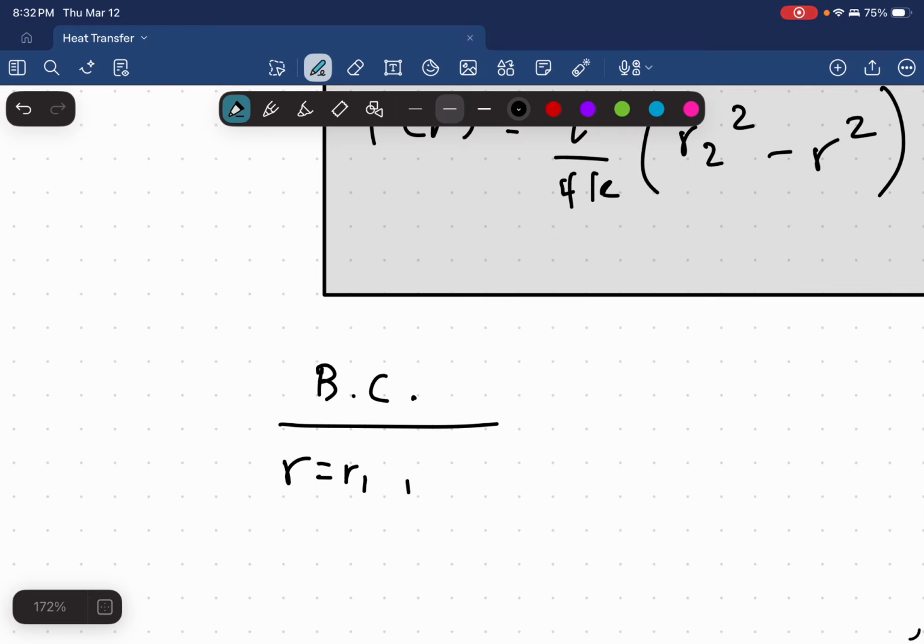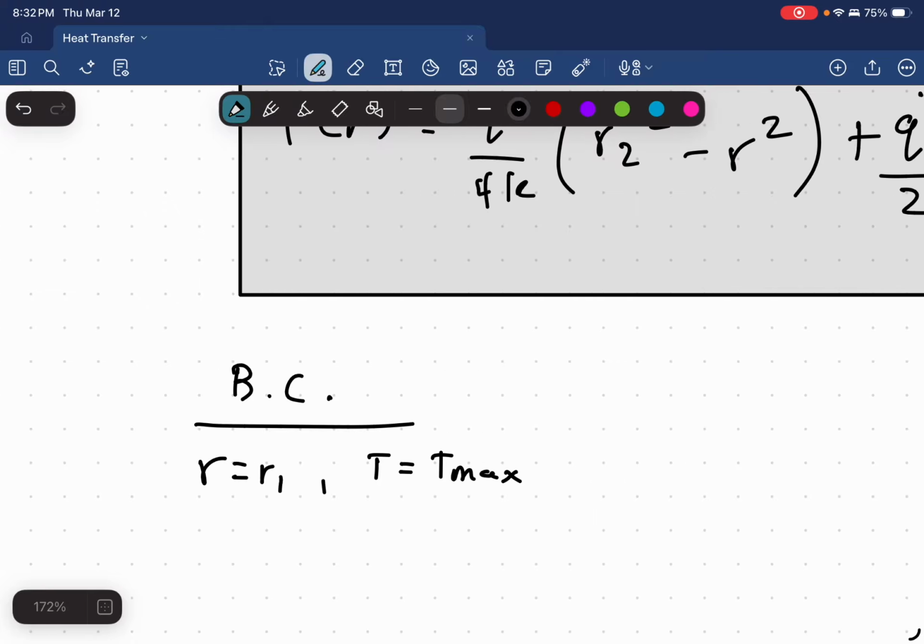That's going to be wherever the heat gen is happening, because that's where it's always going to be the hottest. It's not going to ever cool down. Well, it's cooling, but it's always generating again. So for R equal to R1, T is going to be equal to T max. That's what we're trying to find.